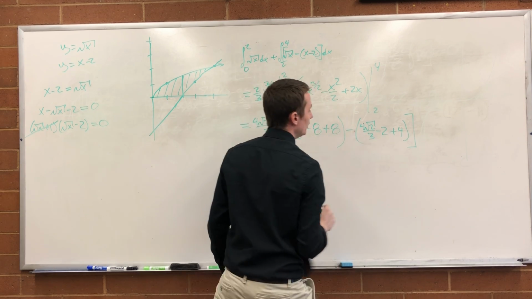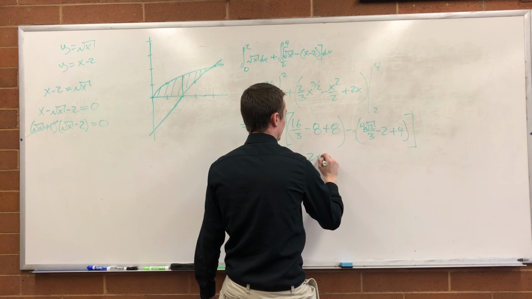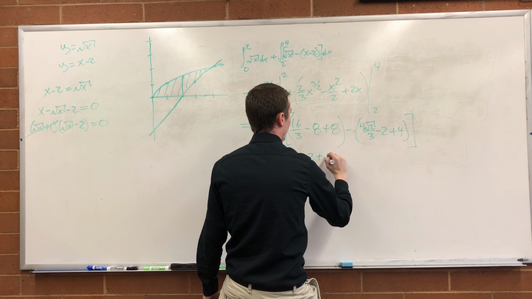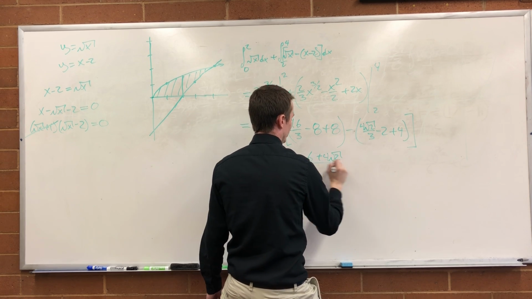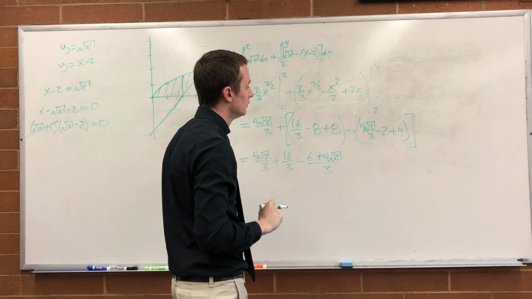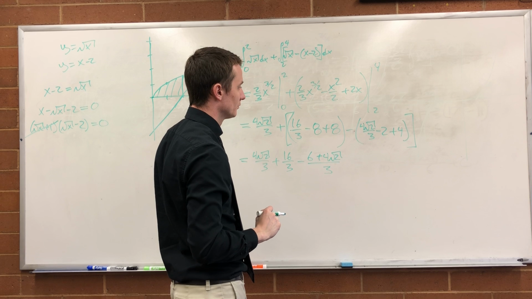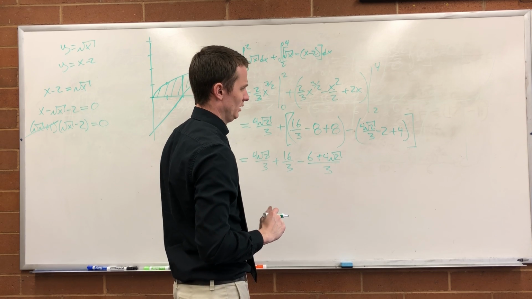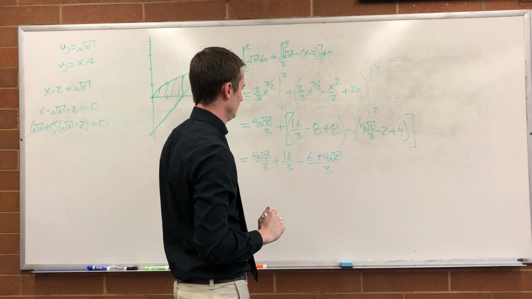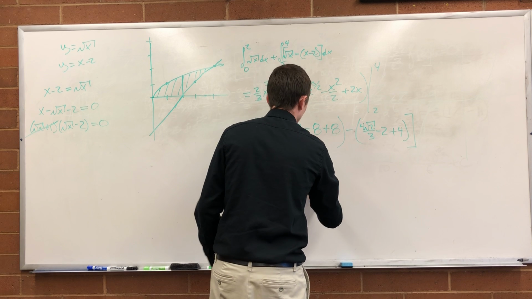Minus 2 plus 4 square root of 2. If we make it all over 3, you could just take out the 4 root 2 over 3 with the 4 root 2 over 3, because one's negative and the other one's a positive, so that cancels out. Yeah, that's a good idea.